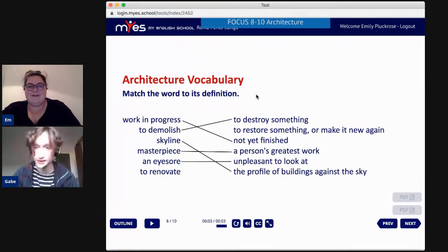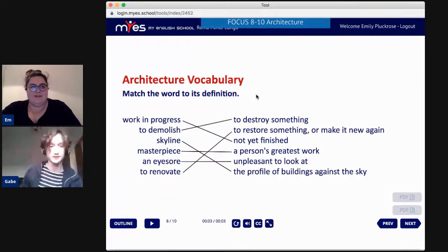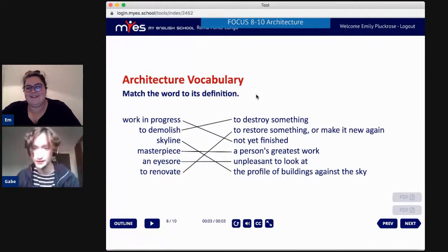Okay. Well, with the last one, I'll give you to renovate, to restore something, make it new again. We have to demolish it, but a bomb destroys the tower. The building is unsafe, but a bomb destroys the tower. I think that's a good differentiation, Rebecca.